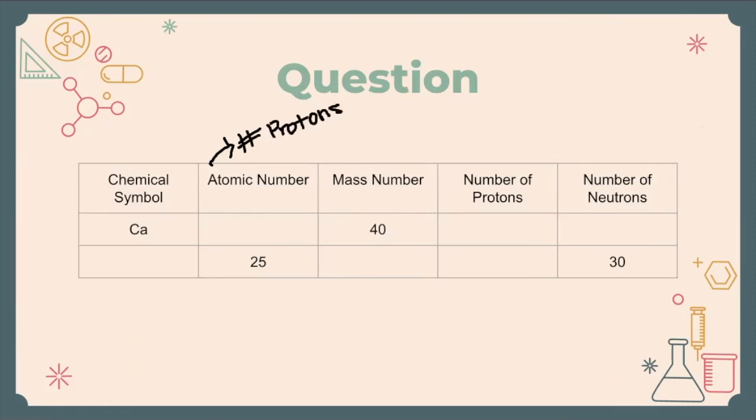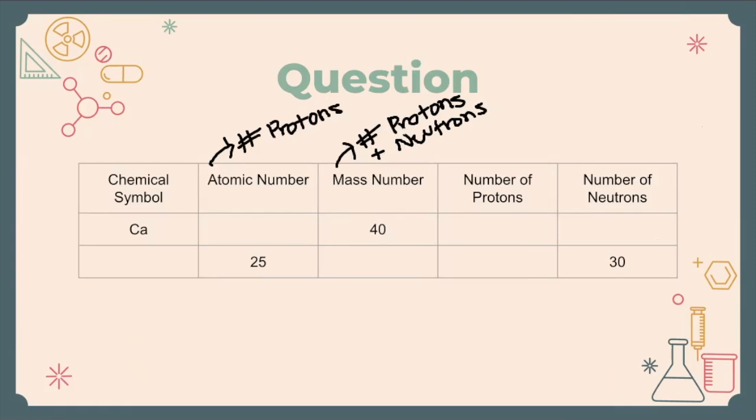Okay, the mass number tells you the number of protons plus neutrons. So that number is going to be right under the chemical symbol on the periodic table.